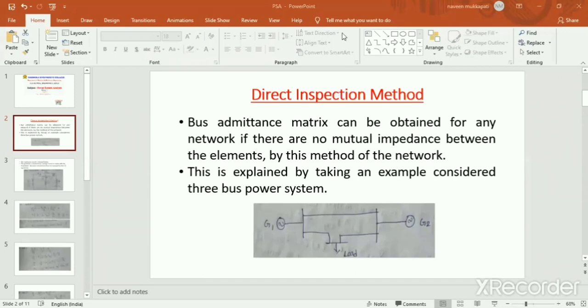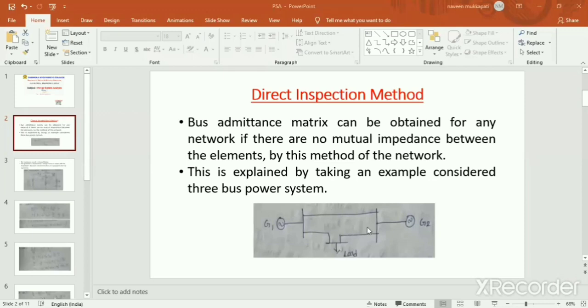The bus admittance matrix can be obtained for any network if there are no mutual impedances between the elements. While determining the Y-bus matrix, we have no mutual impedances between the elements.